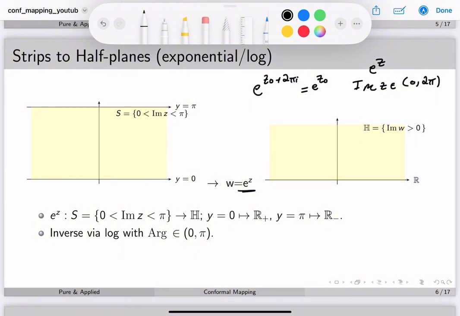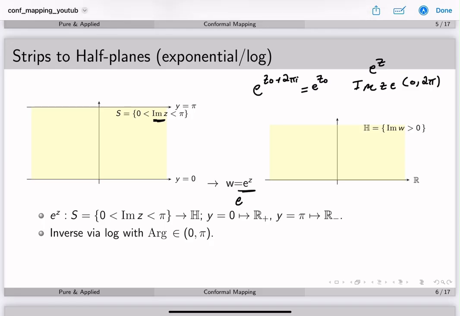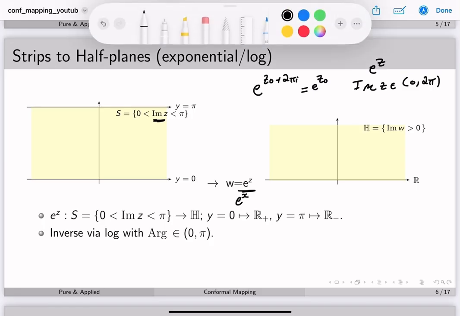And particularly if I restrict myself to this strip with imaginary part of z being between 0 and pi, then we ask ourselves, what does the map e to the z do to it? So here's a simple way of seeing what's happening. I can rewrite this as e to the (x plus iy) if I write z as x plus iy, and this is equal to e to the x times e to the iy.